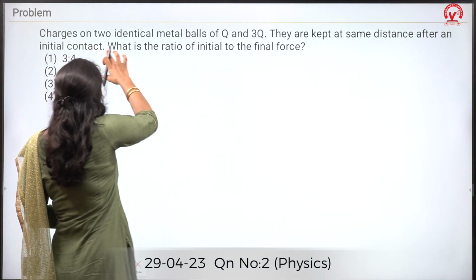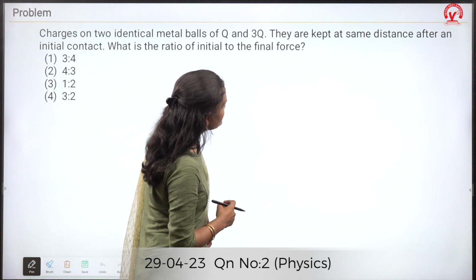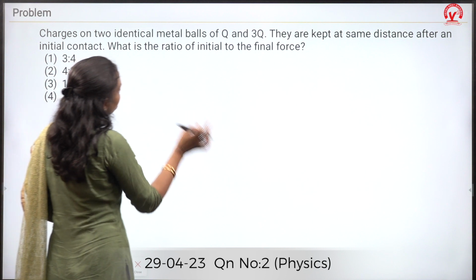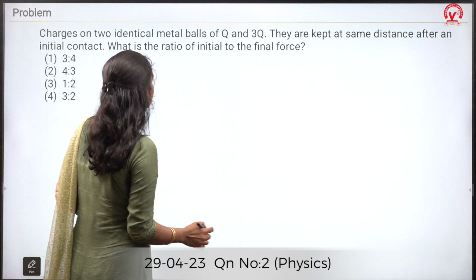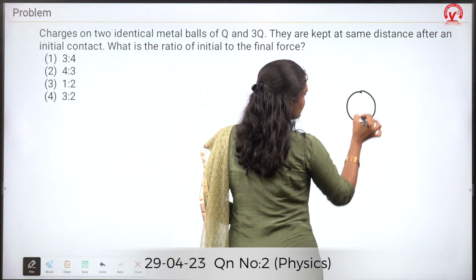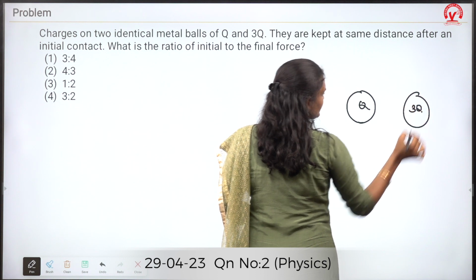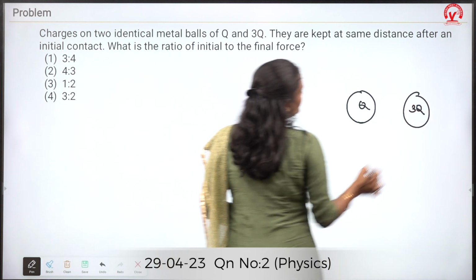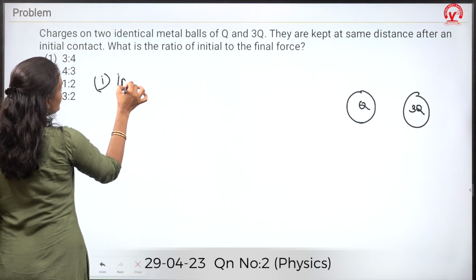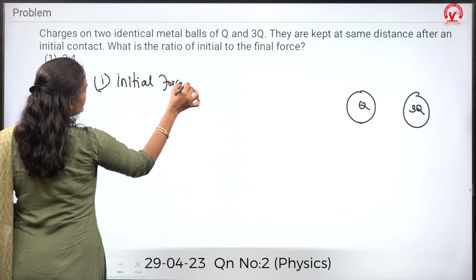Next question: two identical metal balls carry charges Q and 3Q, and they are kept at the same distance after initial contact. What is the ratio of the initial to the final force? So they are taking one charge as Q and another as 3Q. First, the initial force.